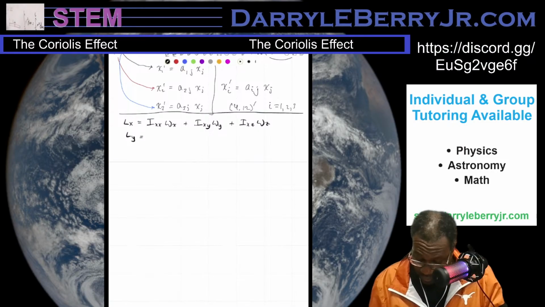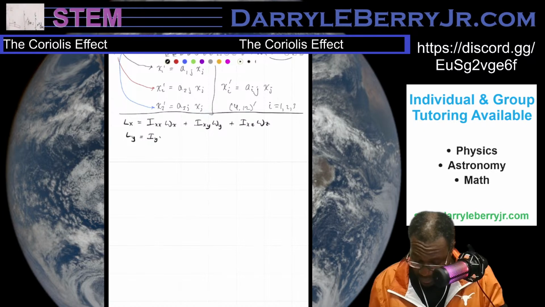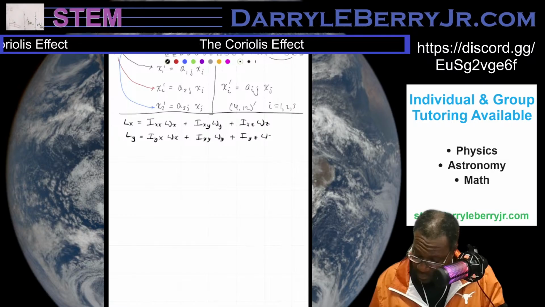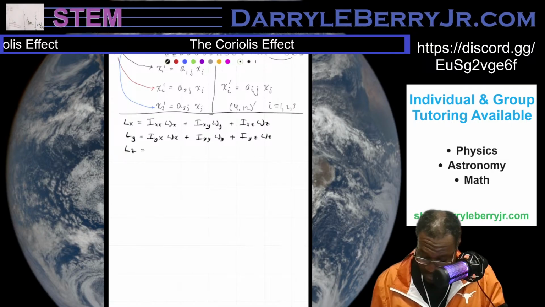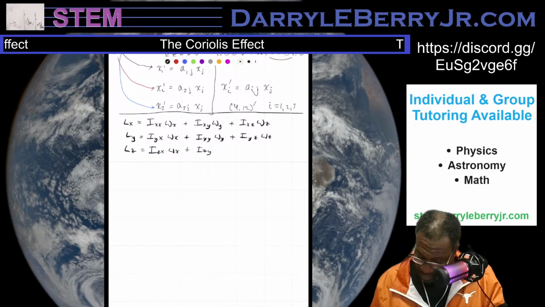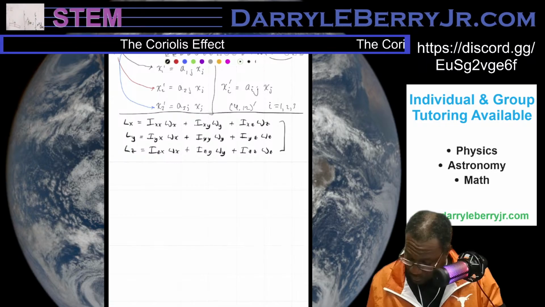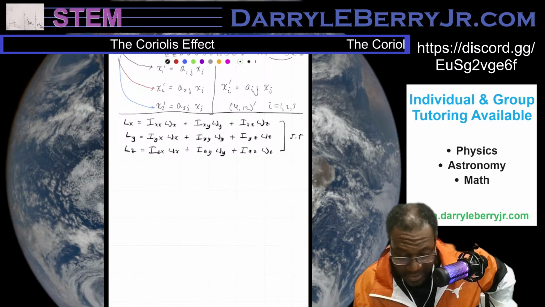Ly equals Iyx omega x plus Iyy omega y plus Iyz omega z. And Lz equals Izx omega x plus Izy omega y plus Izz omega z. 5.5.